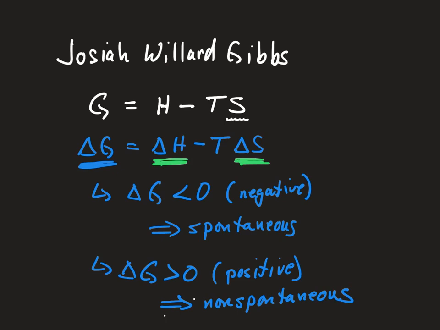If they're both unfavorable, the whole process is going to be unfavorable under any conditions. But if one's favorable and one's unfavorable, it ends up that the temperature becomes critical, because the temperature affects that delta S term and makes that delta S term more important.